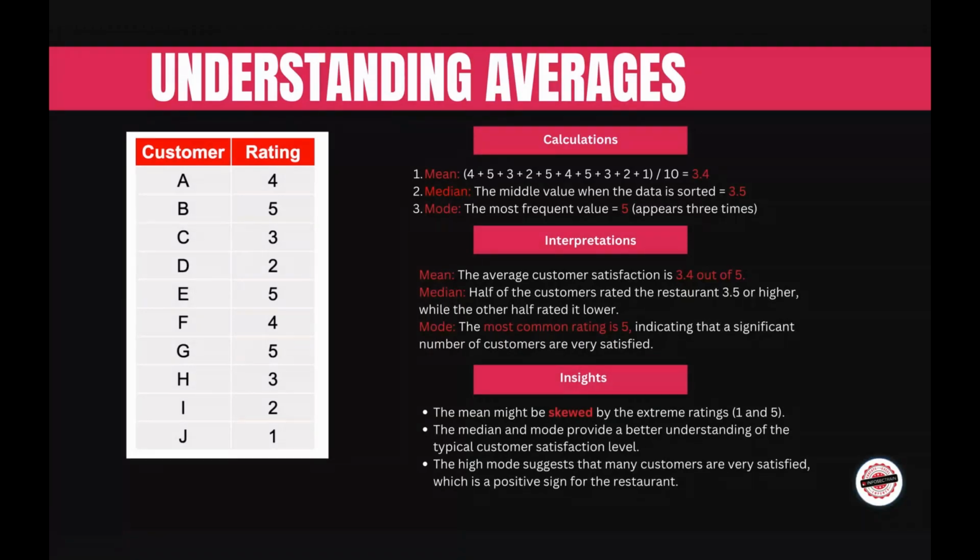So what is causing this difference? This will give us an insight into this data. Let's read the first line of insight. The mean might be skewed by extreme ratings of 1 to 5. Now, what is skewing? In data analytics, skewing is an uneven distribution of data across different portions.